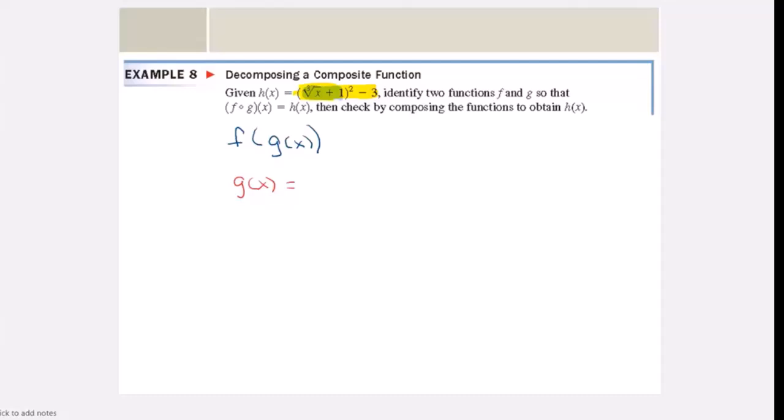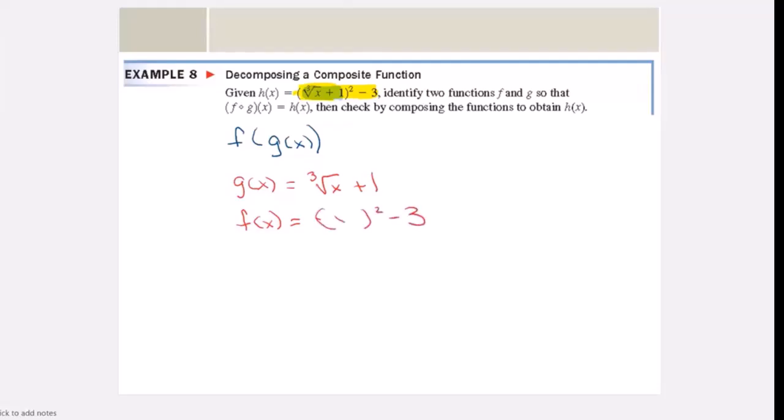So what would happen if I make g of x equal to the cube root of x plus 1? So that now kind of compresses down to x for my f of x, which I'm going to say is equal to whatever g is, which we know now, I'm going to square that and subtract 3.